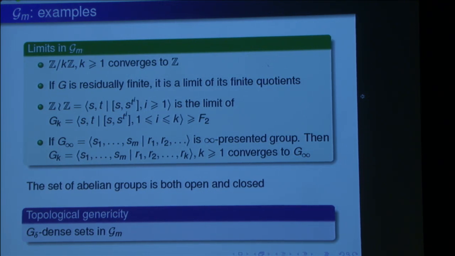But the intersection of the dense subset with the open set is dense in the open set. This is just general topology. Okay. So it means that actually, in my G delta dense set, I need to consider, for example, abelian groups only.